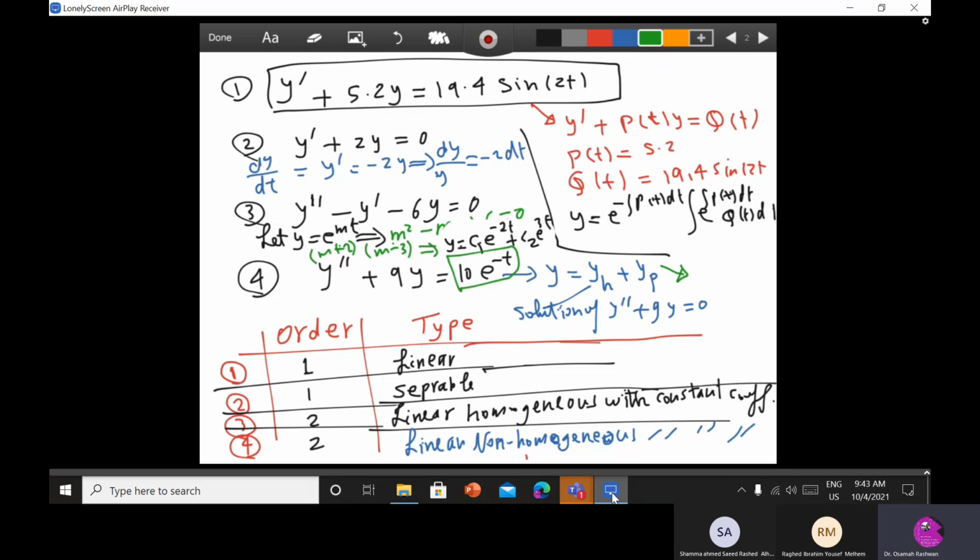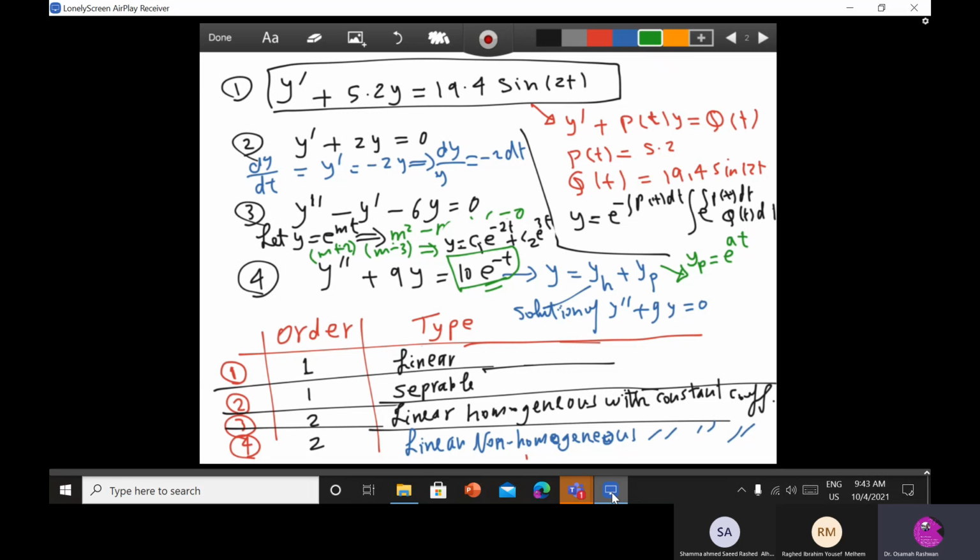If the right-hand side is an exponential function, you let yp equal to a times e to the, for example, minus t, and you would like to find a, right? But remember, if you have a root here similar to this one, you have to write yp as your independent variable times e to the power.